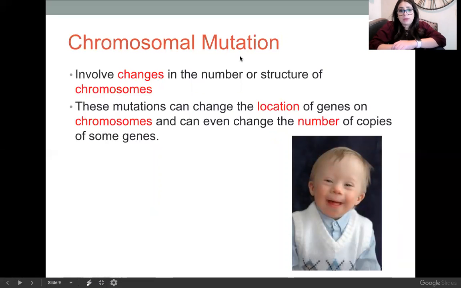Now, a chromosomal mutation is going to be when we have an extra chromosome or we're missing a chromosome. And so the most common type of chromosomal mutation that you guys may have been exposed or familiar with is going to be trisomy 21, which is Down syndrome.